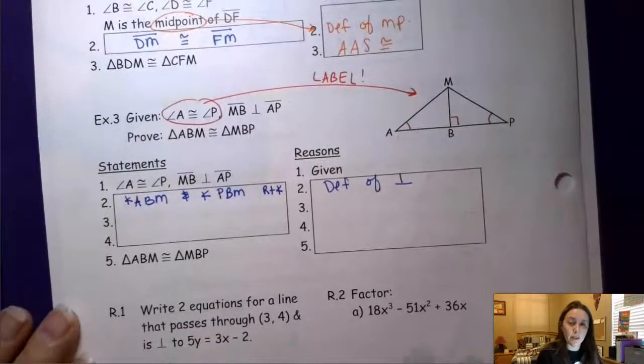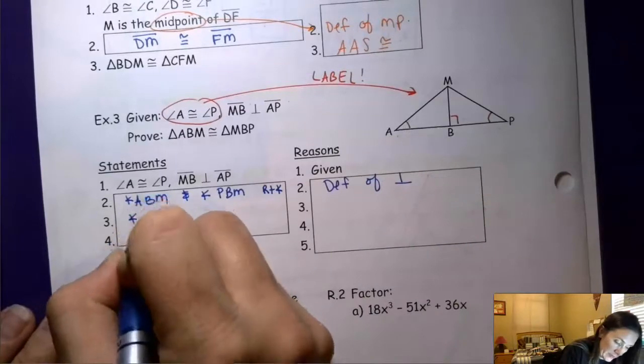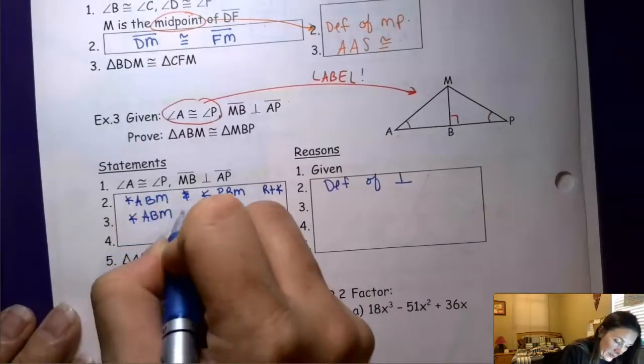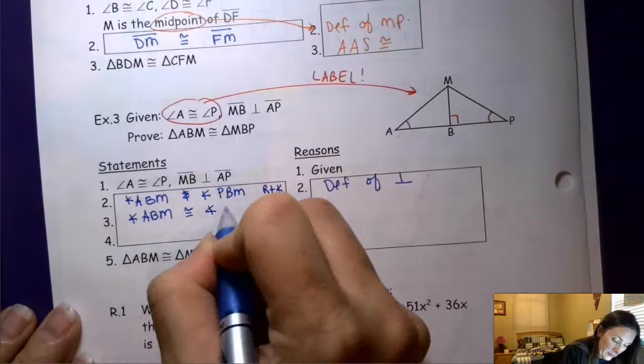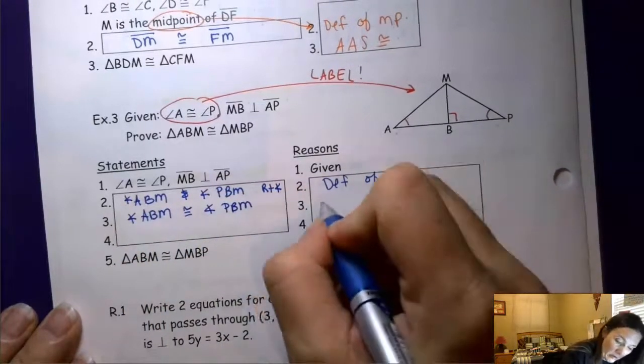Now, once I know that they're right angles, I know those 2 angles have to be congruent. Angle ABM is congruent to angle PBM, because all right angles are congruent.